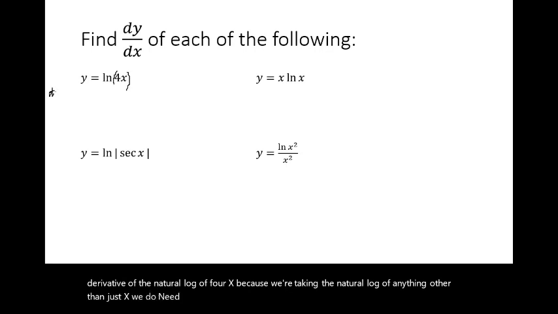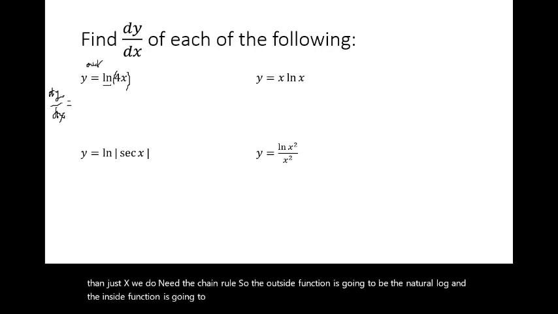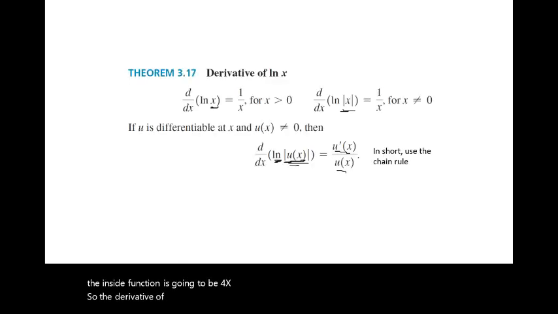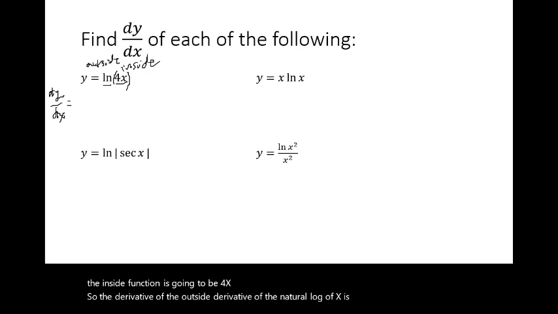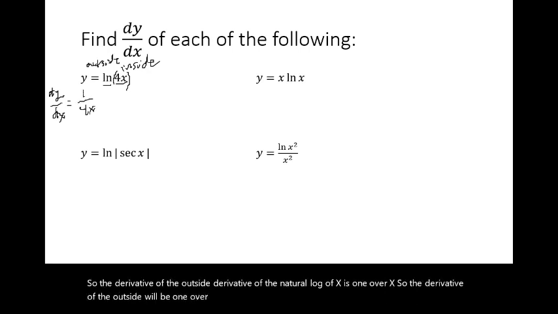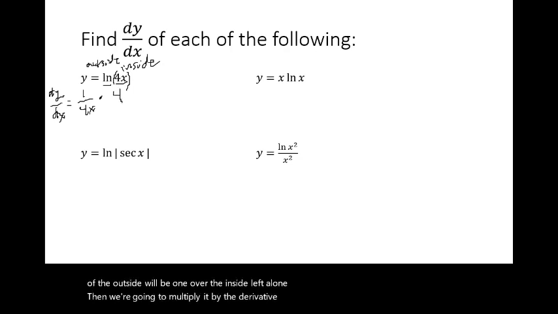So the outside function is the natural log, and the inside function is 4x. The derivative of the natural log of x is 1 over x, so the derivative of the outside will be 1 over the inside left alone. Then we multiply it by the derivative of the inside. The derivative of 4x is 4, which does reduce nicely to 1 over x.